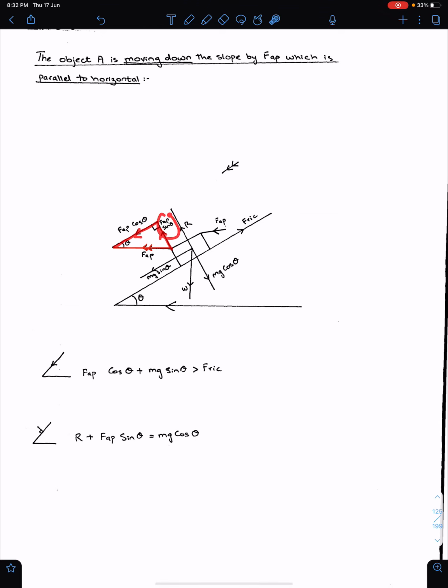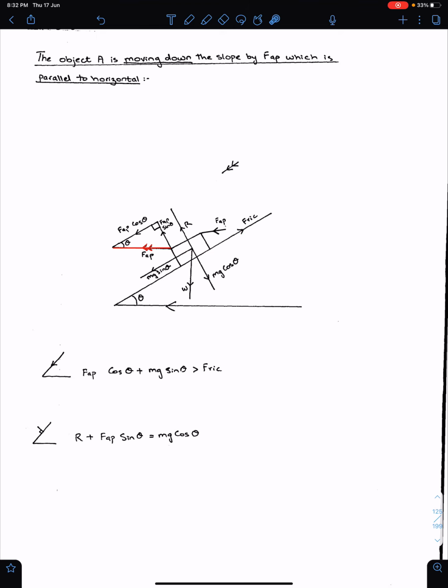So this is FAP sin theta, this is FAP cos theta, because this component of applied force is with angle theta, so it must be in terms of cos theta. This is the normal reaction, which is perpendicular to slope. These are the two components of weight, and the frictional force is in this direction, up the slope.